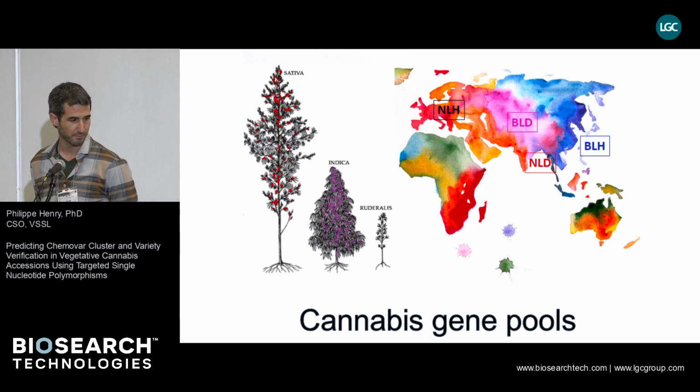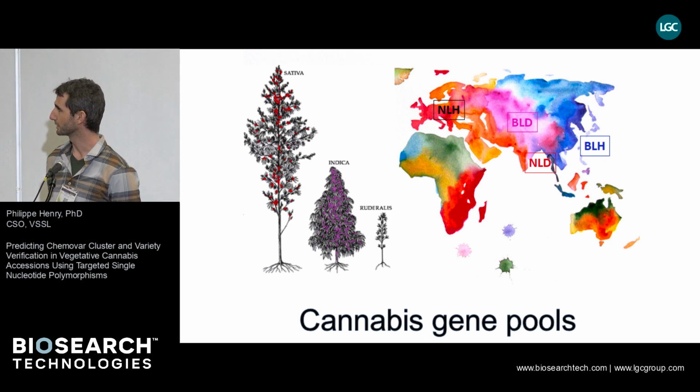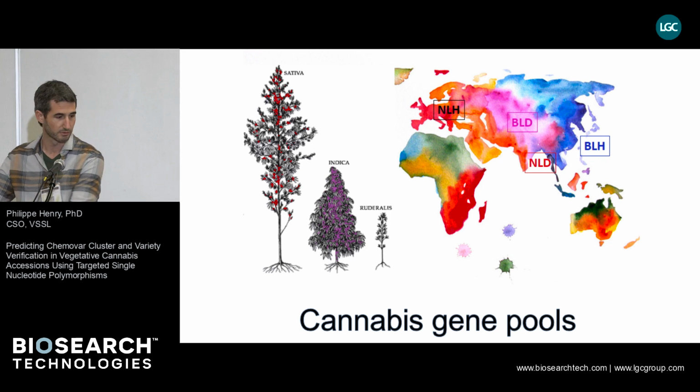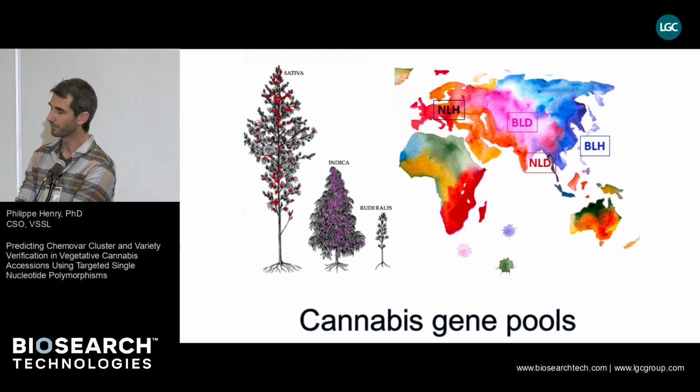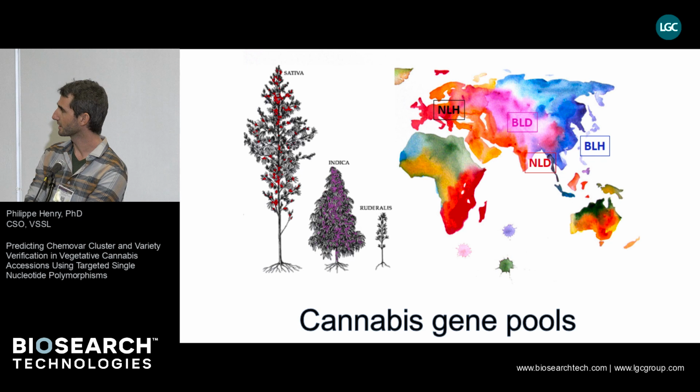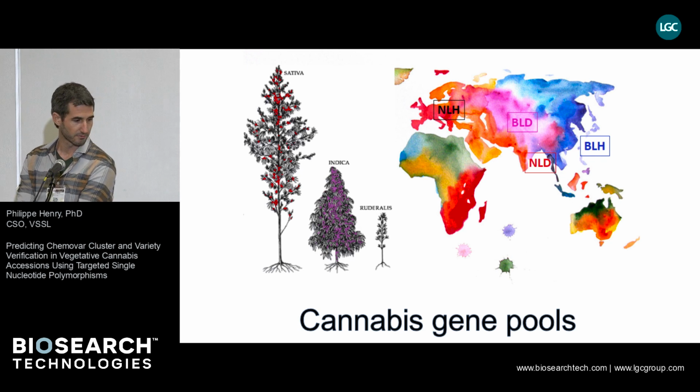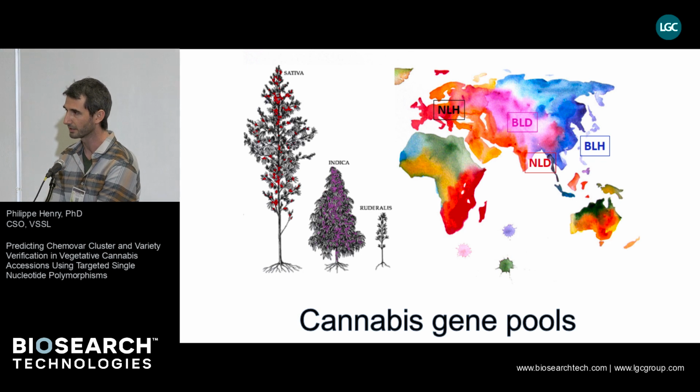If you look at this map, you've got the overall morphological description of what the gene pools look like. You've got the sativa, a very tall plant. You've got an indica, much shorter, with much denser inflorescences. Then you've got ruderalis, which is thought of as a spontaneous variety, very short. I've witnessed some of those in Eastern Europe growing spontaneously, and they're very short and underdeveloped.